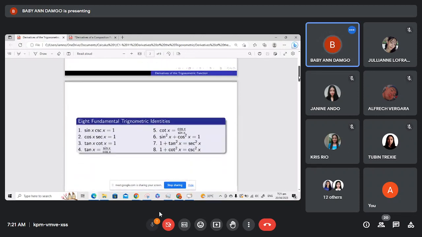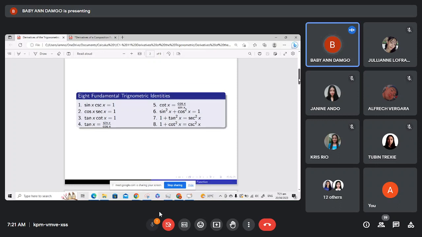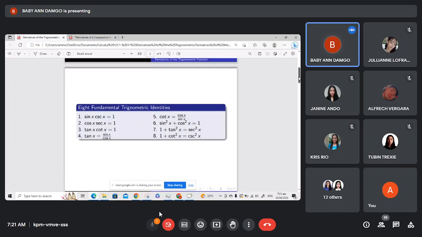Okay, so before we start with derivatives of the trigonometric functions, let's have a recap first about the identities of the trigonometric functions. So these are the 8 fundamental trigonometric identities. For number 1, sine x times cosecant x is equal to 1.